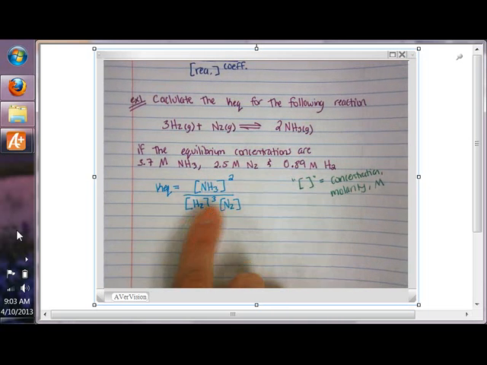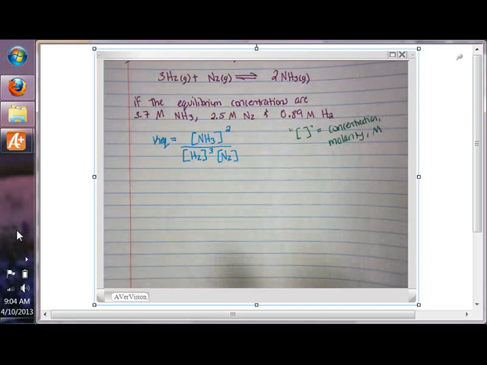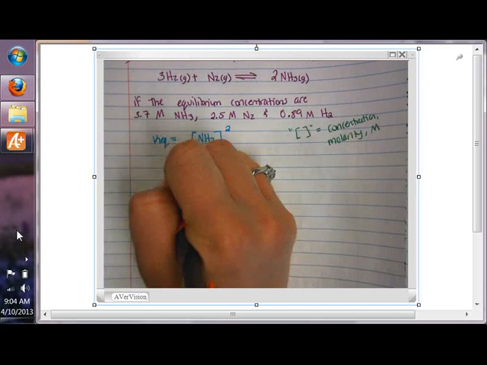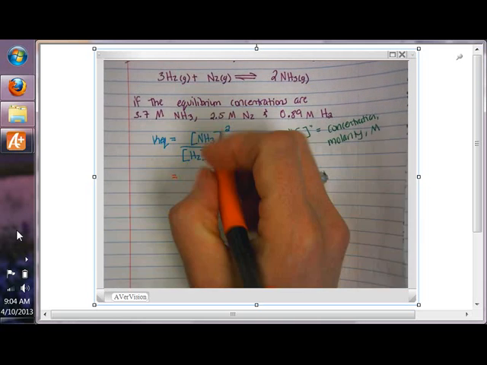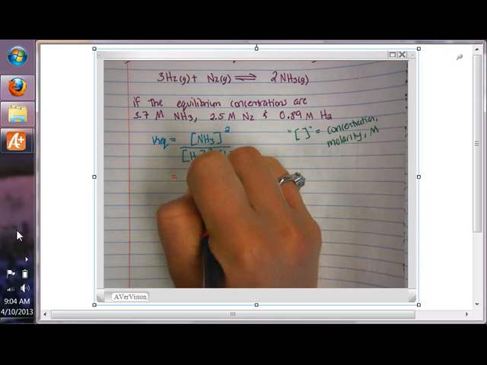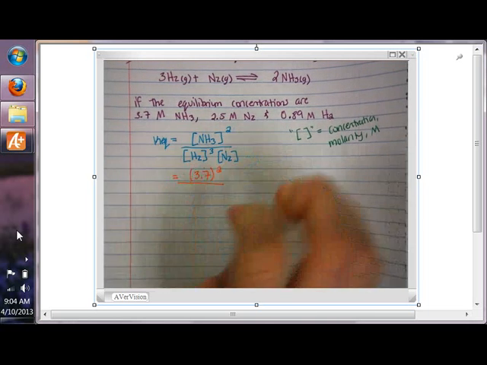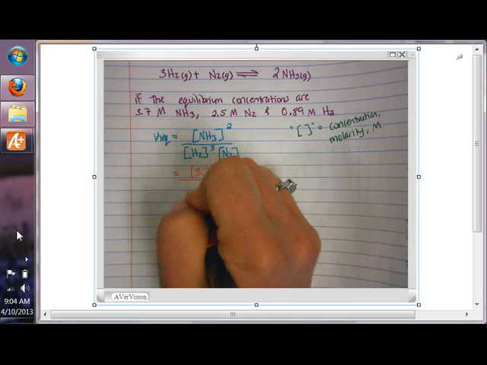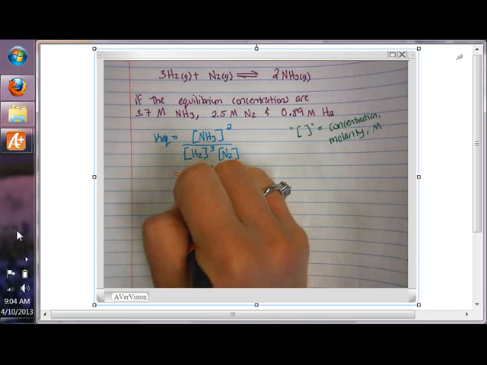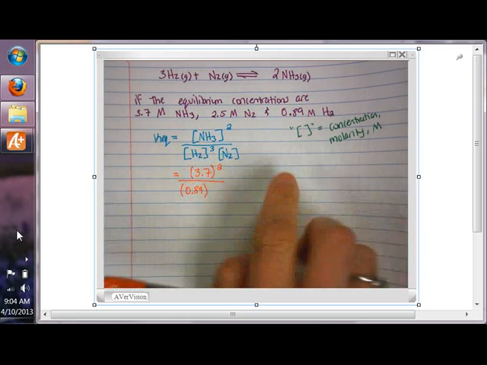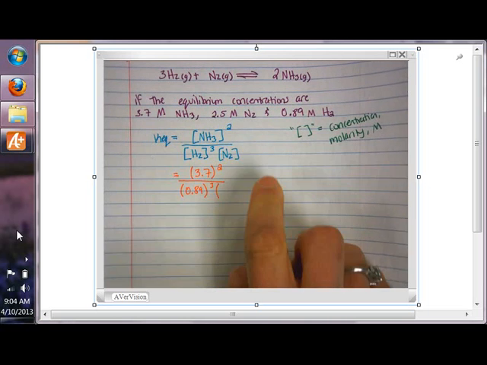So all I have to do at this point is plug and chug. So let's go ahead and do that. The concentration of NH3 is 3.7, so it's going to be 3.7 squared all over the concentration of H2, which is 0.89, raised to the 3rd power, times the concentration of N2, which is 2.5.